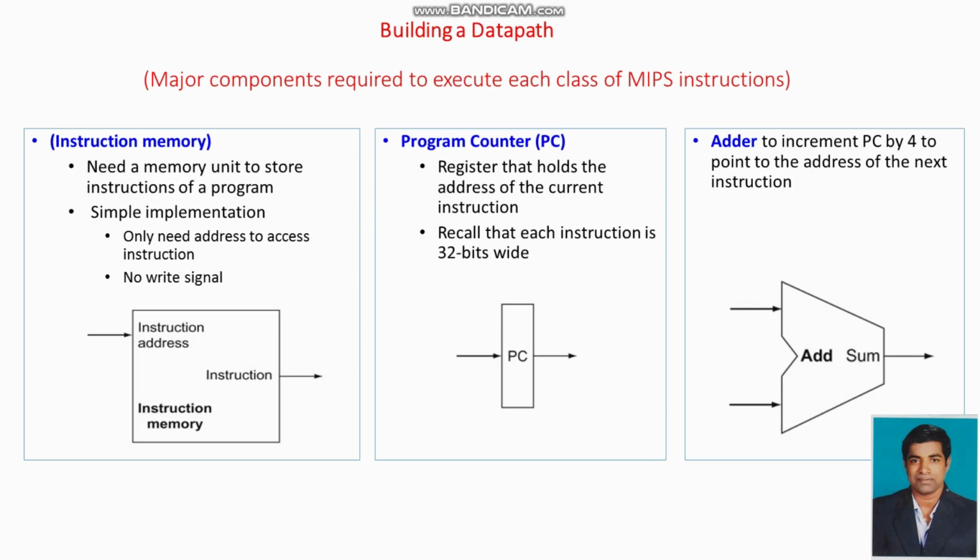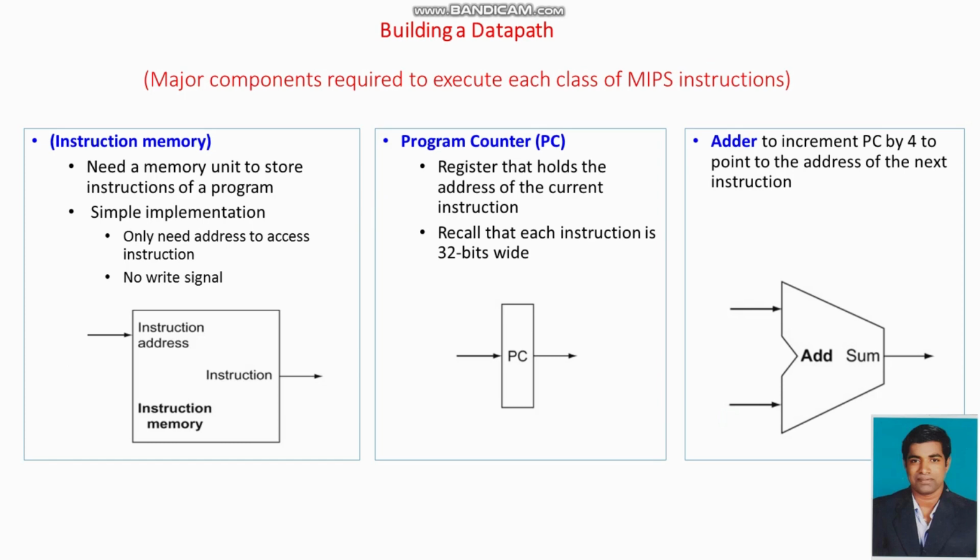Building the data path, there are 3 different components: instruction memory, program counter, and adder. So for fetching the instruction, we require these 3 components. We need a memory unit to store the instructions of a program. In a simple implementation, we only need an address to access a particular instruction. There are no write signals in this instruction memory. We are getting the instruction address from the CPU or processing unit.